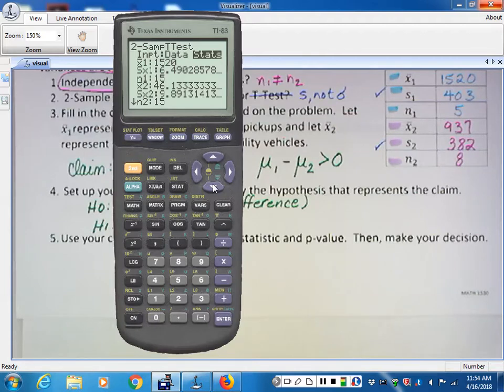And standard deviation for group 1 is 403. And the sample size for group 1 is 5. The mean for group 2 is 937. Standard deviation for group 2 is 382. Sample size is 8.